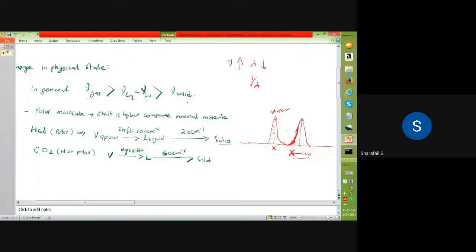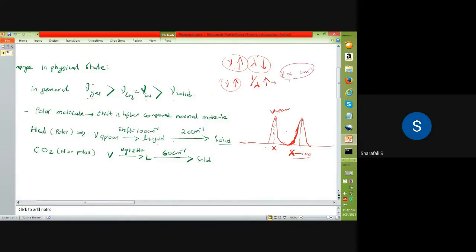So when your frequency is higher, your 1 by lambda will be larger. Because lambda is smaller here, frequency is larger, which means that frequency will be proportional to whatever your band position in centimeter is.